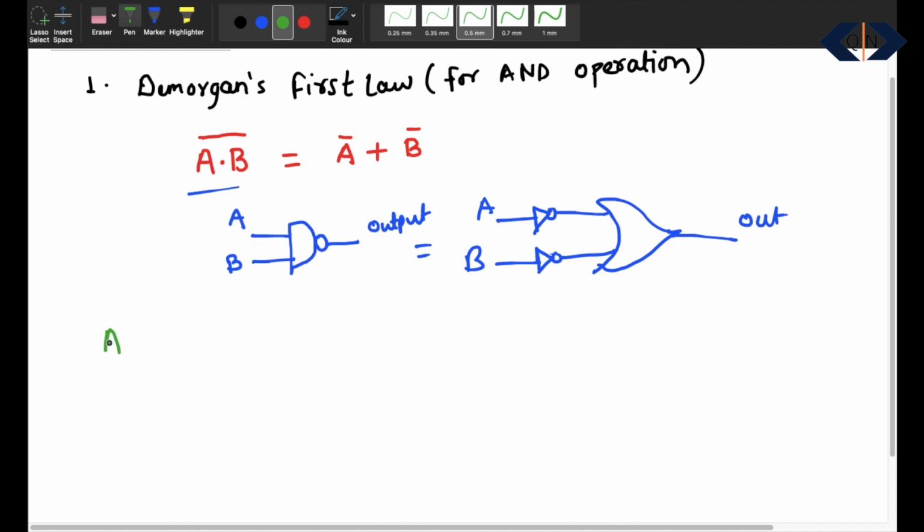First will be our A and B inputs. Now the second thing we want is A and B. Now the third thing we want is A dot B not, the fourth thing is A not, the fifth is B not, and the sixth is A not plus B not.